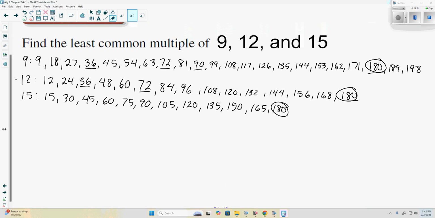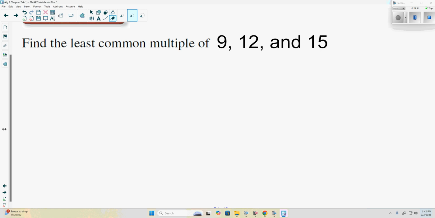So this here, skip counting, I don't think is effective. It will get the job done, but it's going to take a lot longer than if we look at the factors of 9, 12, and 15.